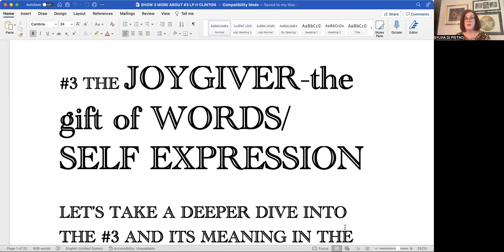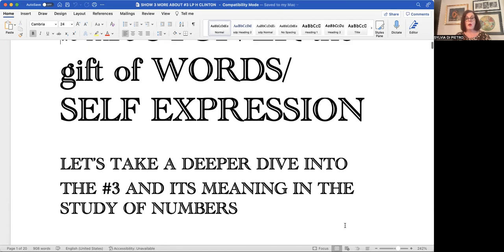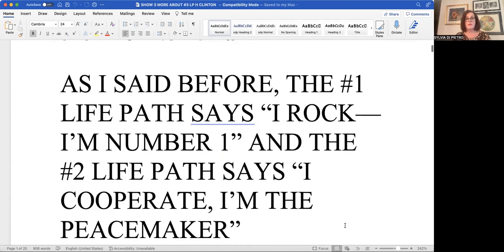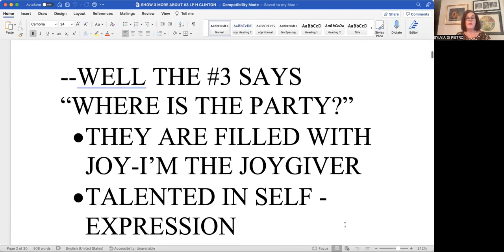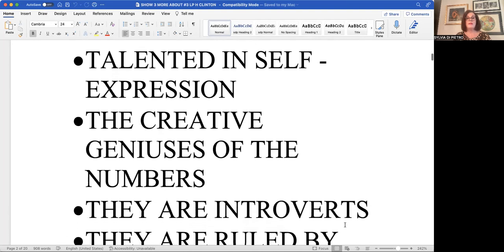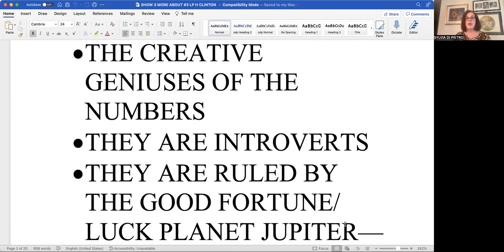Many of our famous singers are 3 life path numbers. Okay, so I've mentioned what the 2 says, what the number 1 says. The 3 is without a doubt the life of the party. Anybody with a heavy 3 is the life of the party, has great talent, creative genius.